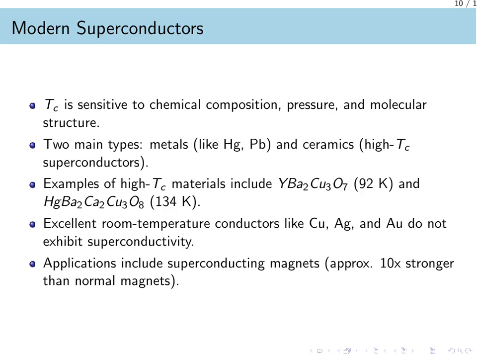Examples of these high critical temperature materials can reach critical temperatures of 92 Kelvin or even 134 Kelvin. Interestingly, excellent room temperature conductors like copper, silver, and gold do not exhibit superconductivity at all. A major practical application of this technology is the creation of superconducting magnets, which can produce magnetic fields approximately 10 times stronger than the best normal magnets.